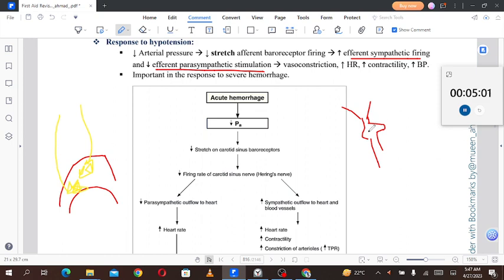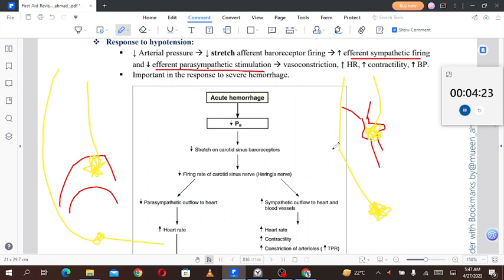In the case of the carotid body, the afferent supply is via the glossopharyngeal nerve, CN9, which takes the afferent impulses from the carotid bodies, and the efferent supply, the response going to the heart, comes via the vagus nerve in both situations, either upregulation or downregulation of parasympathetic stimulation or sympathetic tone. So that is not your concern.